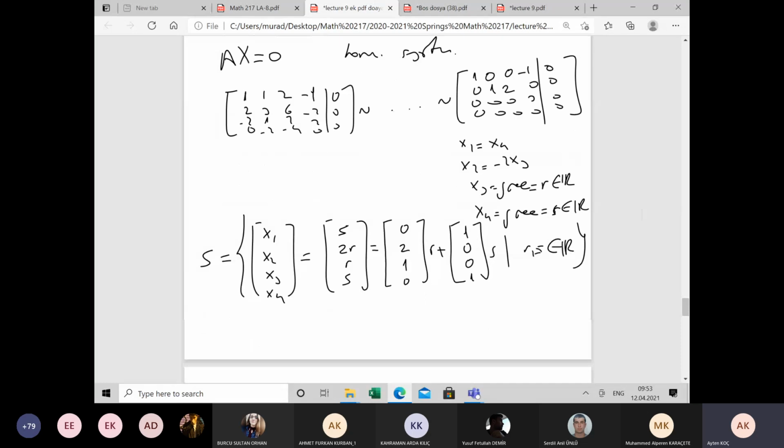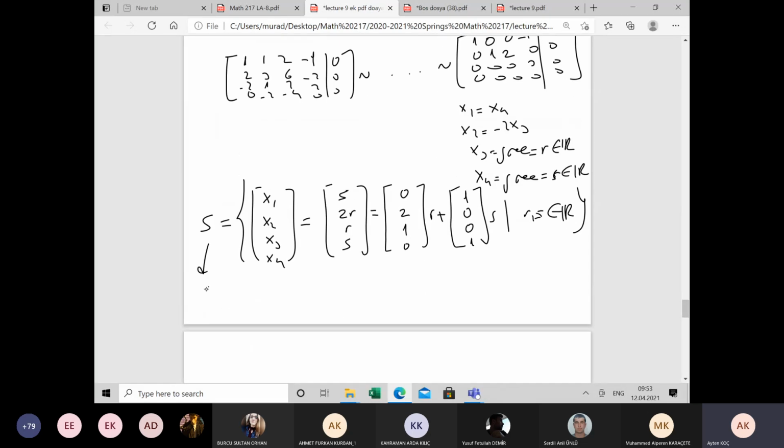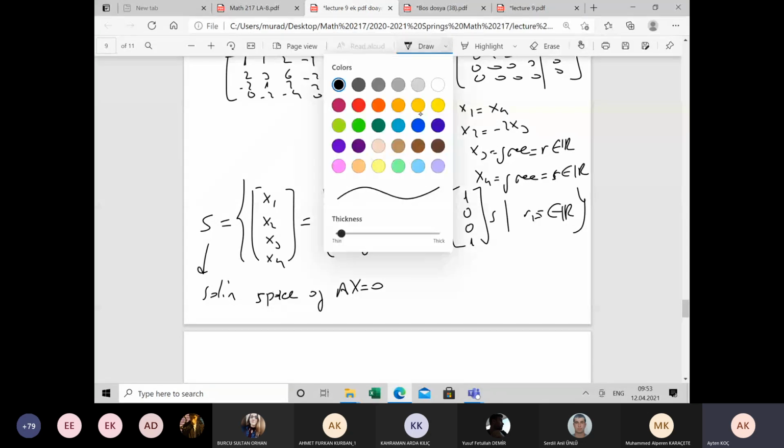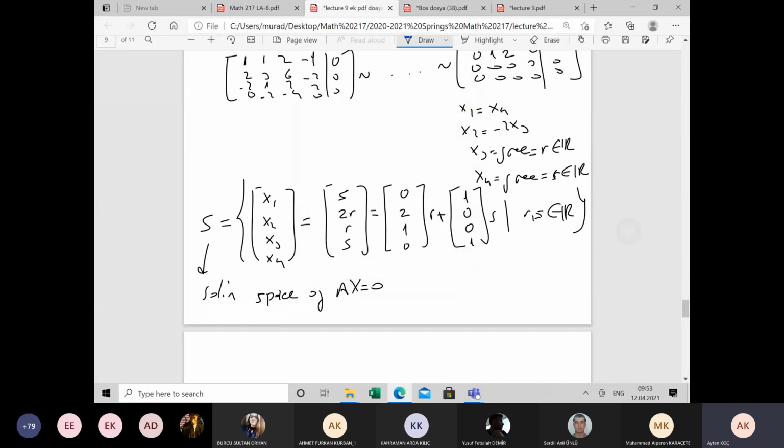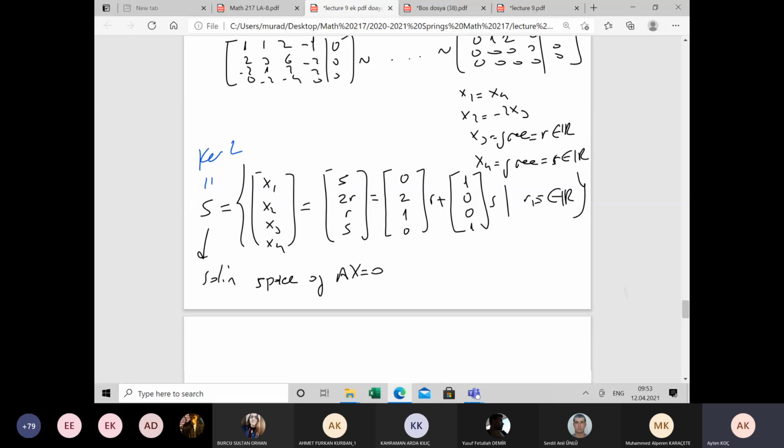So this one is the solution space, the solution space of AX equals 0, or null space. And also we know that this one is the kernel of L.